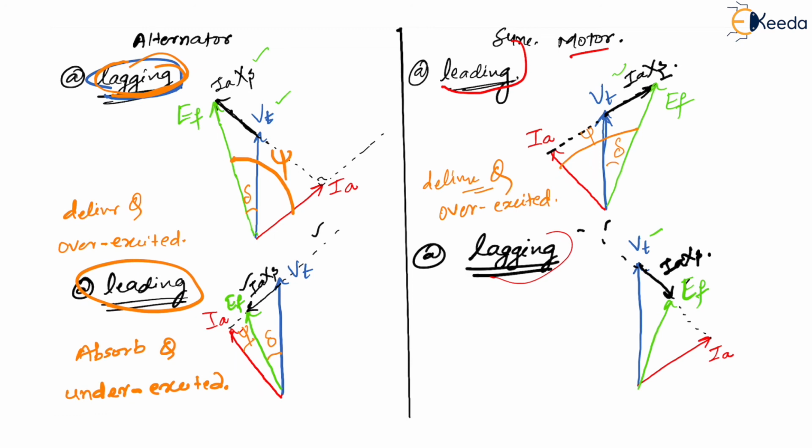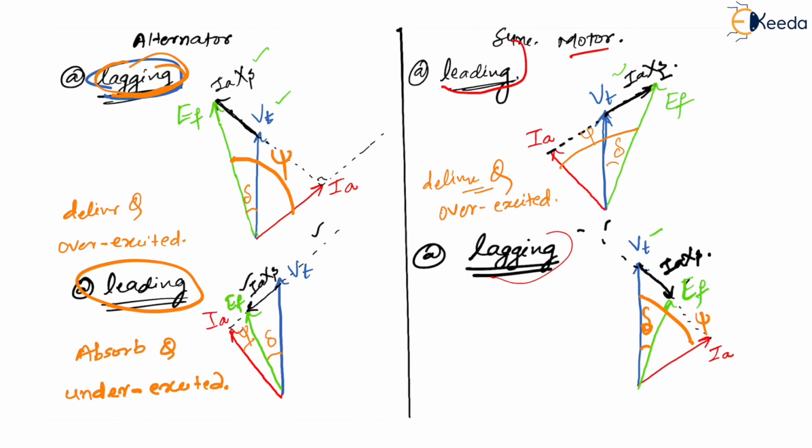Now, what about the angles? Definitely, the angle between this VT and EF is going to be delta, and the angle between VT and IA is going to be psi, correct? Very easy phasor diagrams or not? Yes, very easy phasor diagrams. The best thing is that you don't need to think whether the IA axis is taken positive or negative, whether it will come up or down, slant, whatever it comes, we don't care.